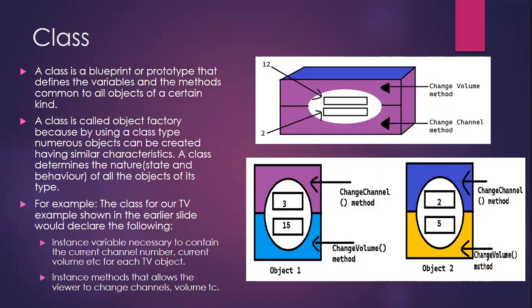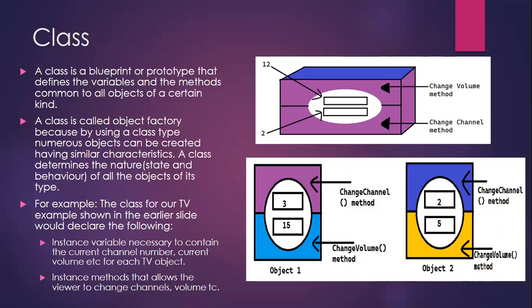And when we invoke the change volume method and pass a value of 15 to it, it just sends a value to the instance variable inside the class where it sets a value of 15. But remember that each object is individual. It doesn't interfere with other objects. So when an object is created, it creates a container for it.